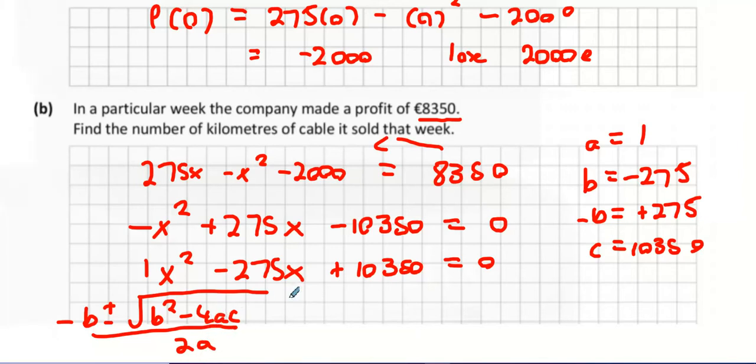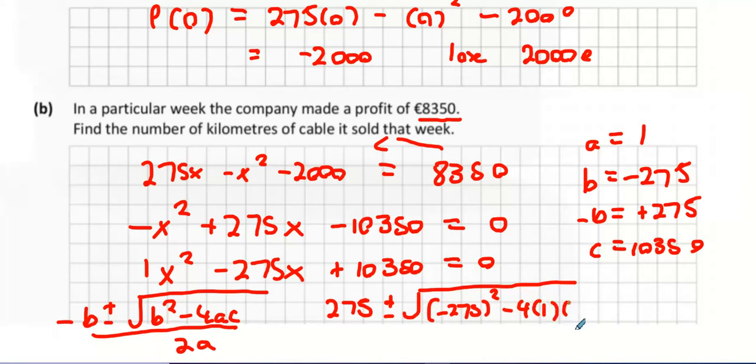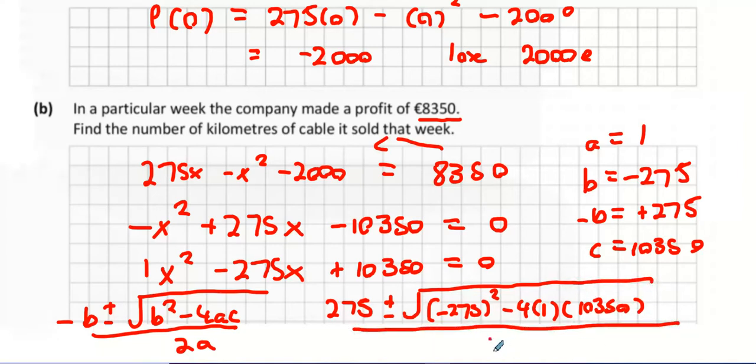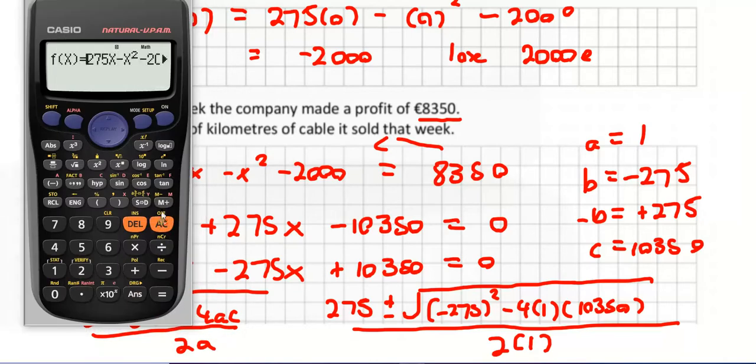Okay, so minus b is 275 plus or minus the square root of minus 275 squared minus 4 times a times c, which is 1 times 10,350, all over 2 times a. Now, do this in the calculator. We need to get off the table function.